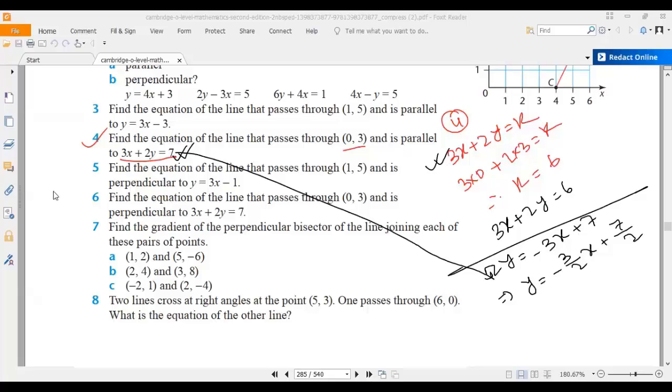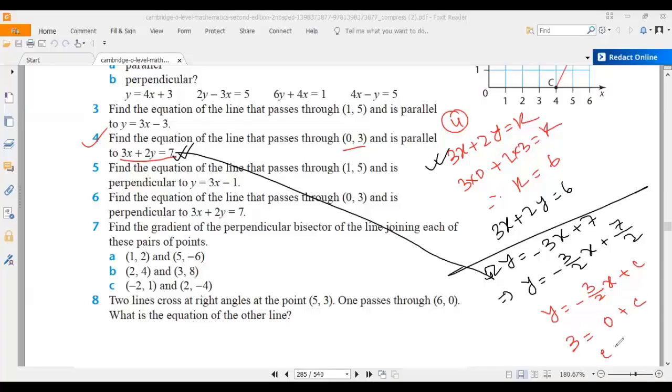So what will be the general equation of the parallel line of 3x plus 2y equal to 7? By using this idea, we know that the gradient should be the same. So y equal to minus 3 by 2 x plus c. And it passes through which point? It passes through (0, 3). So instead of y, we put 3, and instead of x, we put 0.